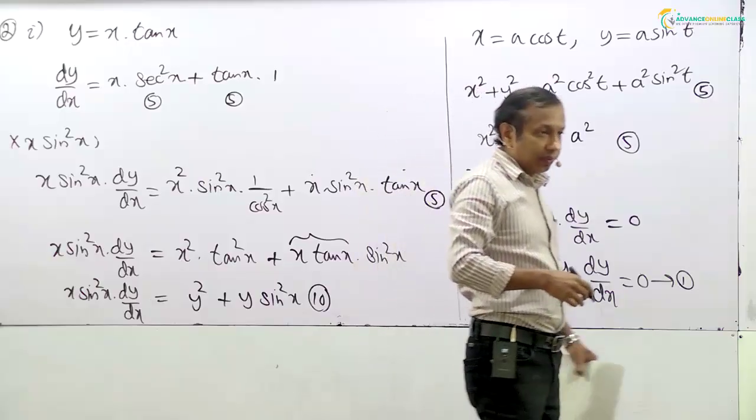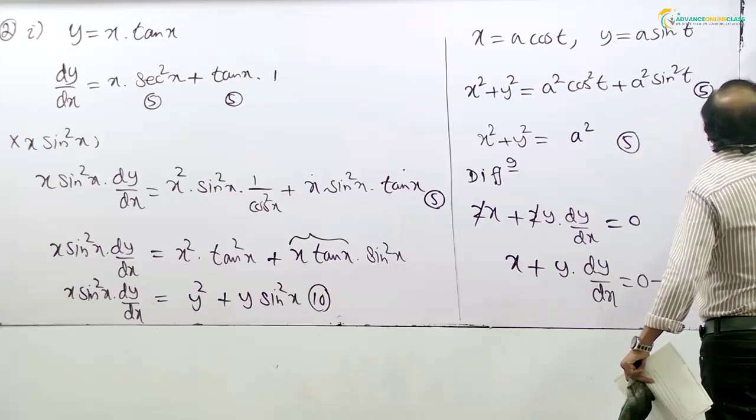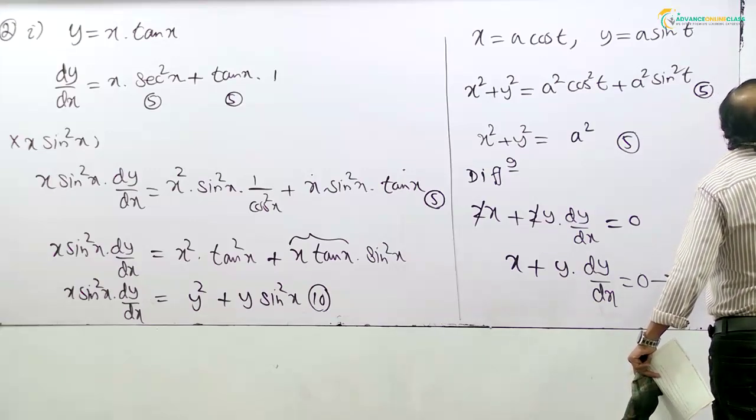Now again differentiate number 1, and keep differentiating until we get the third derivative. We'll differentiate this again with respect to x.